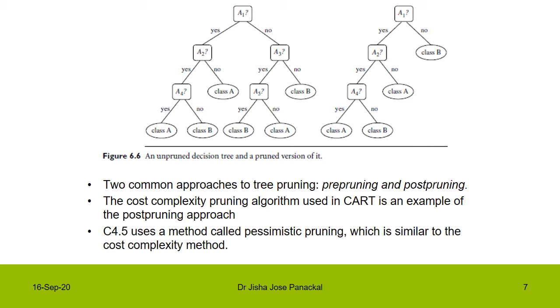So just understand these are the different approaches for tree pruning, and this will help to avoid some issues regarding the decision tree we have developed, that is mentioned in the next slide.